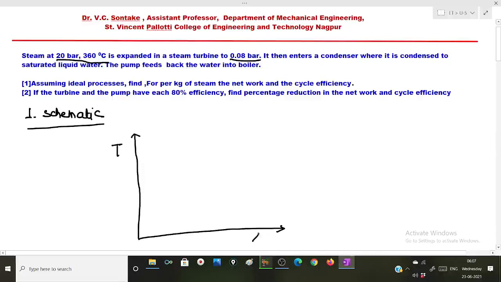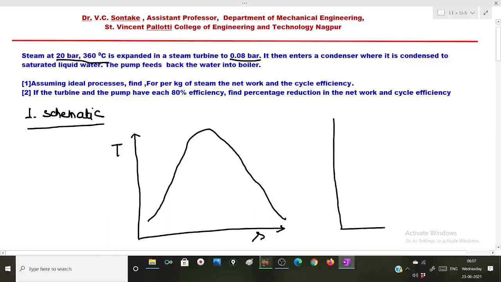This is the temperature entropy diagram and its curve is like this. This is the enthalpy entropy diagram and its shape is like this.